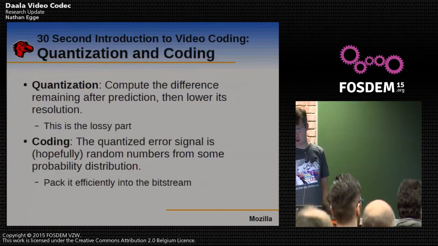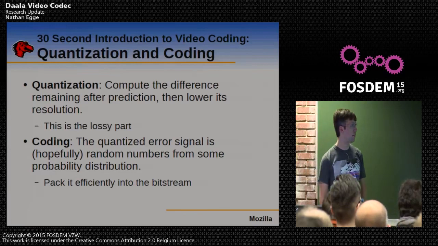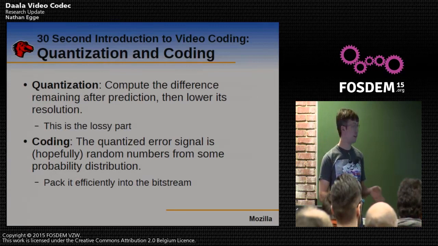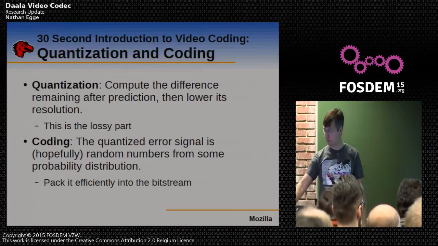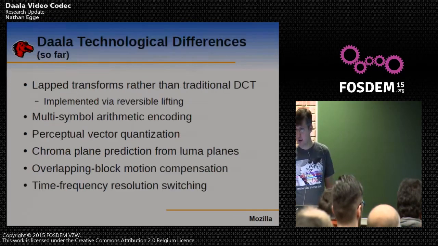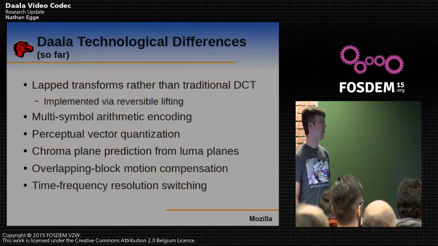And then the last two points, quantization and coding. Quantization is where we take those transform coefficients, reduce the number of bits we use to represent them, and take those bits and run them through an entropy coder that converts them into some set of numbers that has some probability distribution that's efficient. And so in Daala, we're going to basically do different things for all of those.